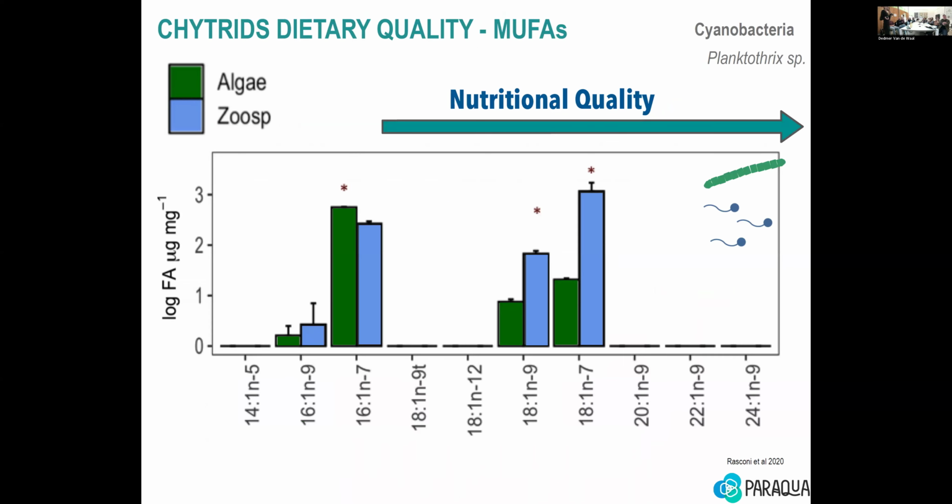So let's start from the monounsaturated fatty acids. What we could observe is that indeed zoospores were richer, compared to their host, in longer monounsaturated fatty acids.